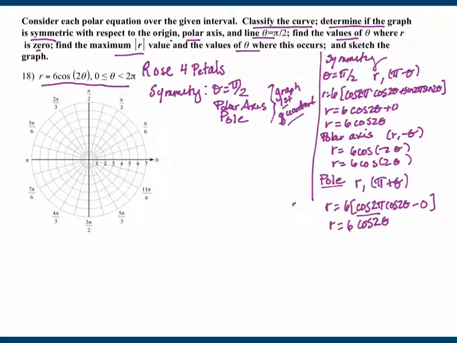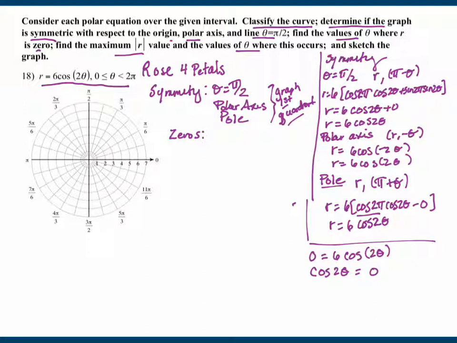So we have the symmetry and we have the kind, and now it wants us to find the values of theta where r is 0, so we will do the zeros next. So zeros, I'll just put it over here while we figure it out. So we would say 0 equals 6 cosine of 2 theta. So cosine of 2 theta equals 0. So where does cosine equal 0? At pi over 2 and 3 pi over 2.